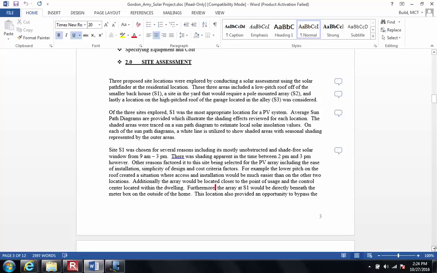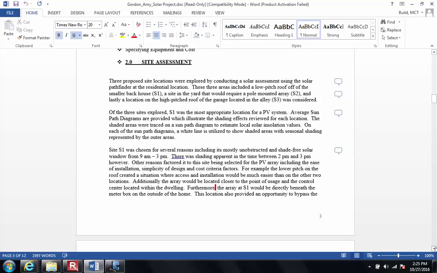So those 3 were considered, S1 being the most appropriate, which probably for ease of use, being a low pitch roof, would be pretty easy to work on, and a garage, hopefully 1 story. Steep pitches kind of suck to get up on. And then a pole mount in town doesn't necessarily go over all that well, so you can see why she kind of went in that direction.